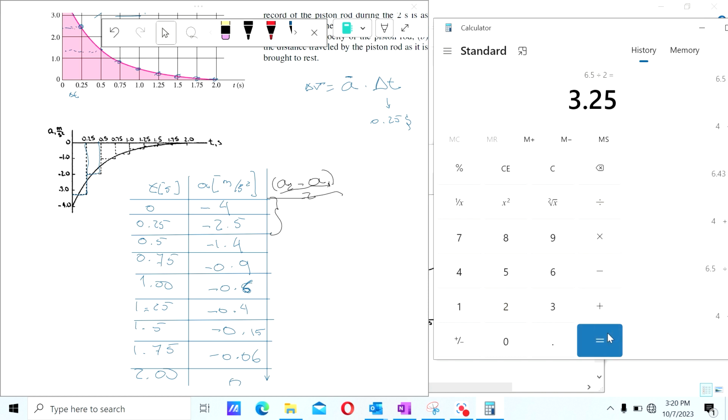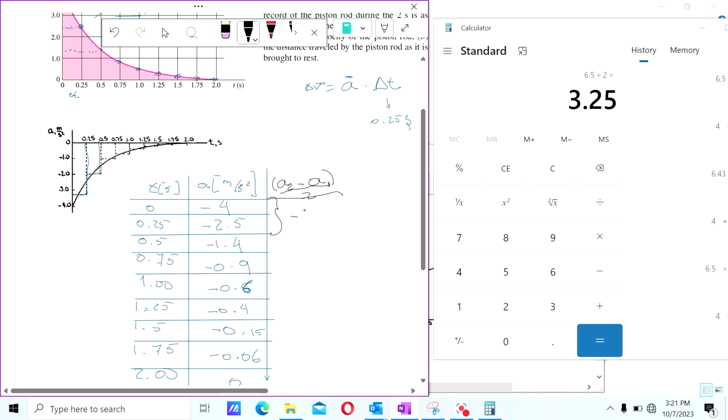Okay, 3.25. But since we have negative values in this acceleration, we're going to do negative 3.25. So we know that everything here is going to be negative because we're talking about accelerations, which are negative.